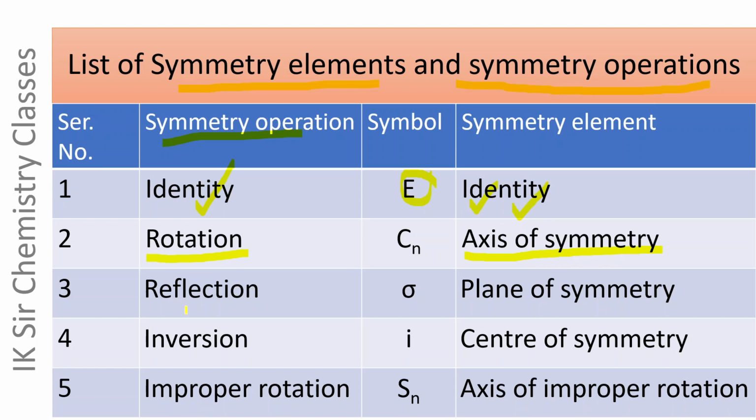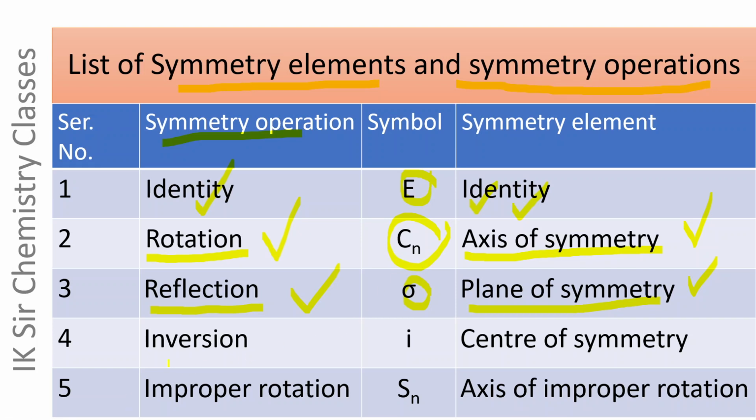The third symmetry operation is reflection. It is carried out about plane of symmetry. Both reflection operation and plane of symmetry are denoted by sigma. Similarly, rotation operation and axis of symmetry are denoted by Cn.